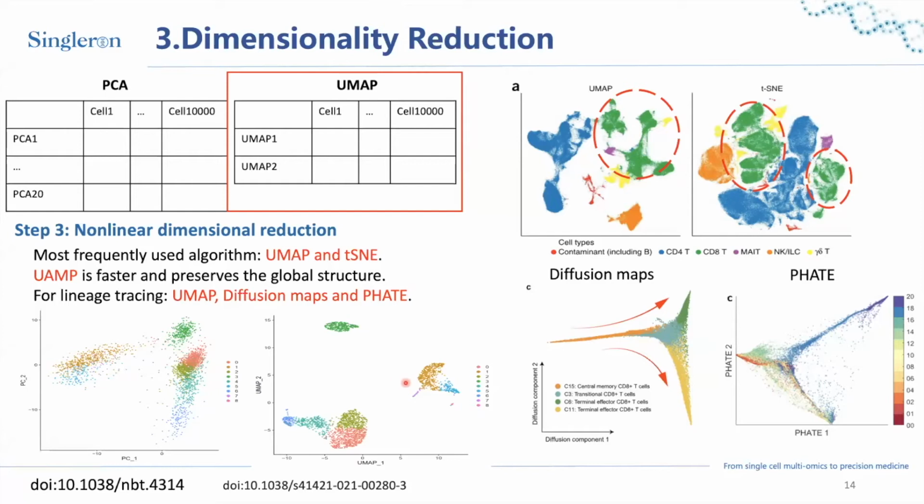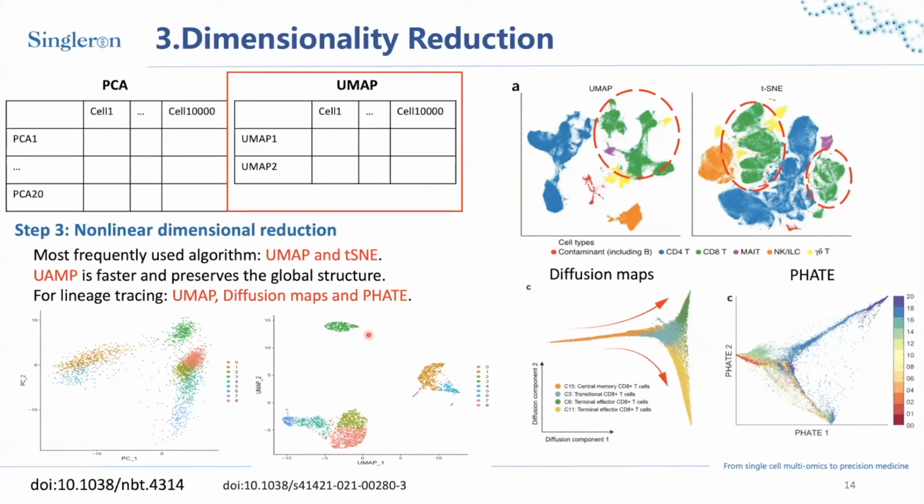The clusters from different cell types are located very separately from each other. However, compared to t-SNE, UMAP is computationally faster, especially if we're dealing with a very large number of cells, like 1 million cells.